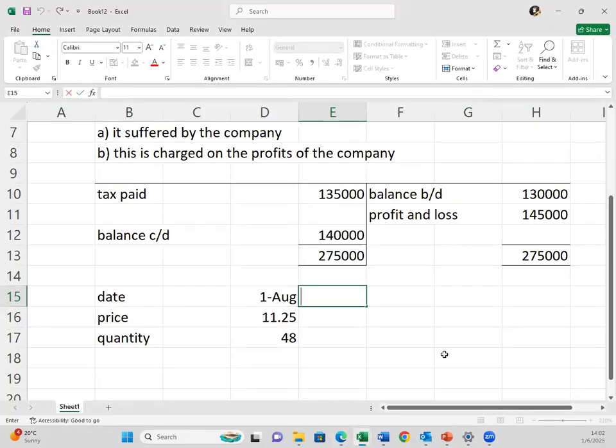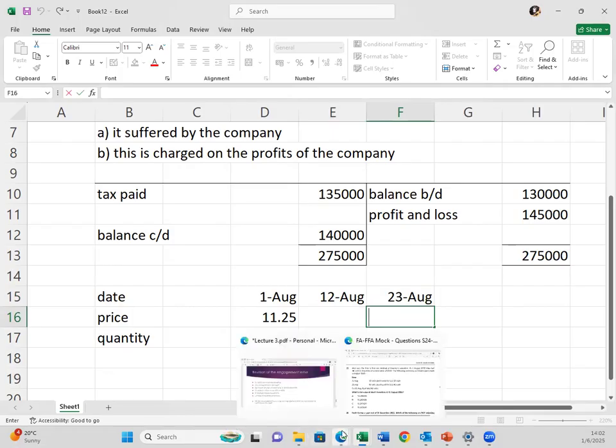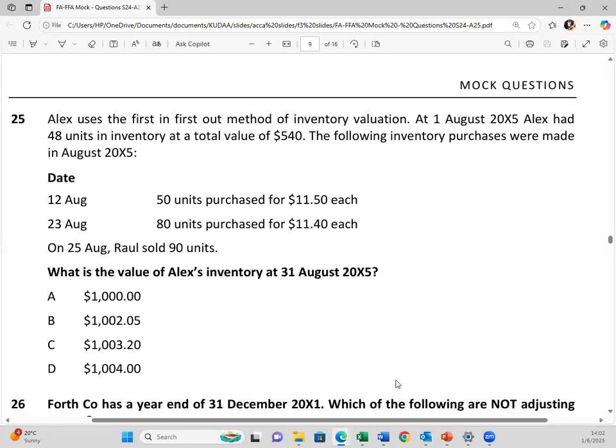Let's then move to the quantities that we bought on these days.